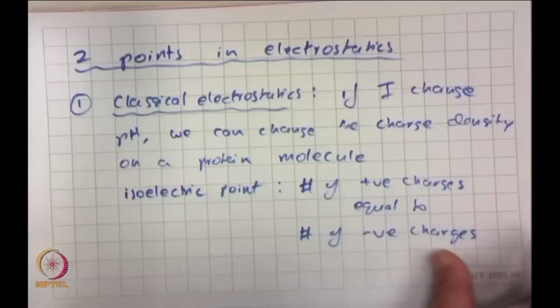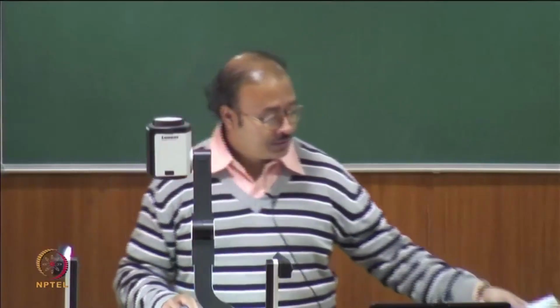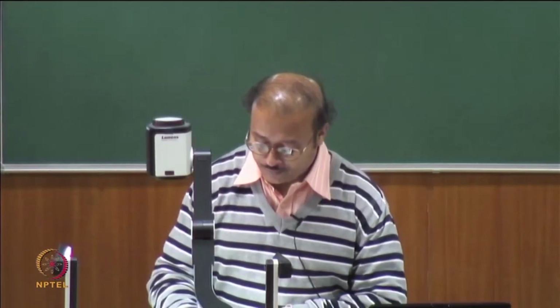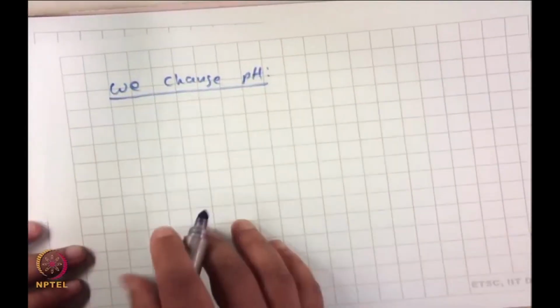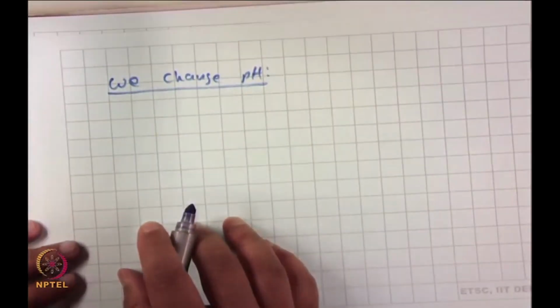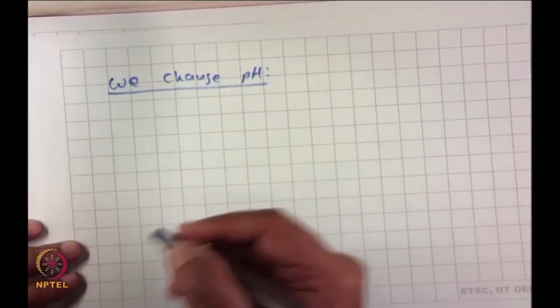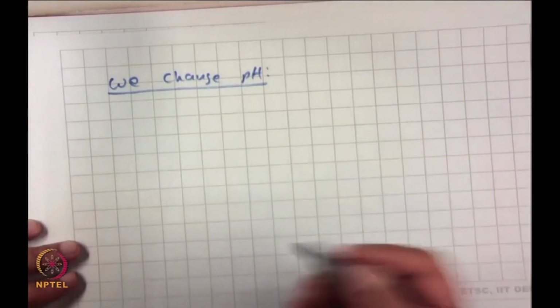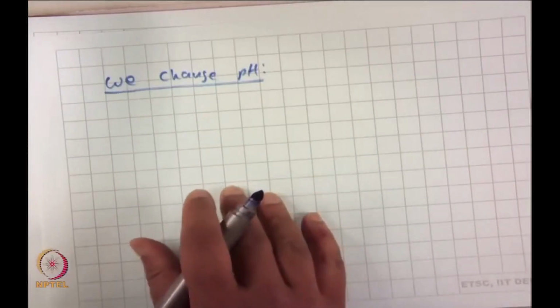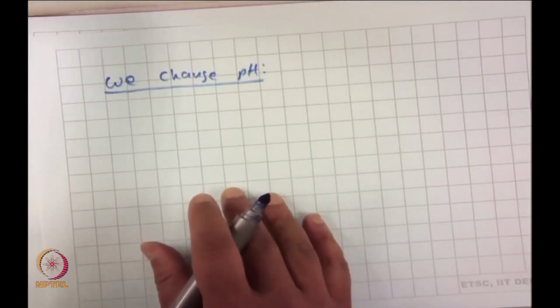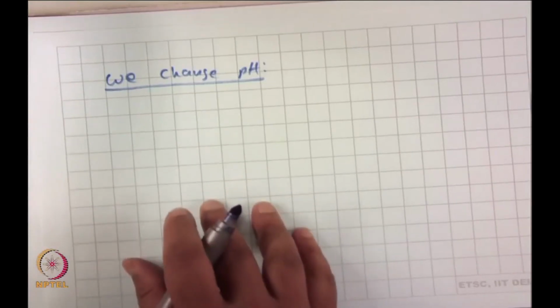The reason is this. Suppose we change pH. That means either we go to the acidic side or to the basic side. That means either we are moving to the left of the isoelectric point or right of the isoelectric point, the isoelectric point being in the middle because it is neutral. So, what will happen?